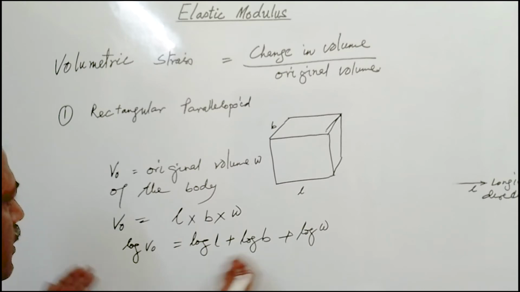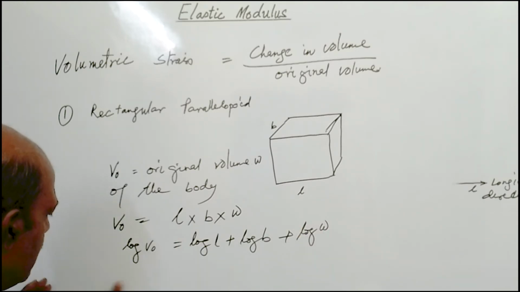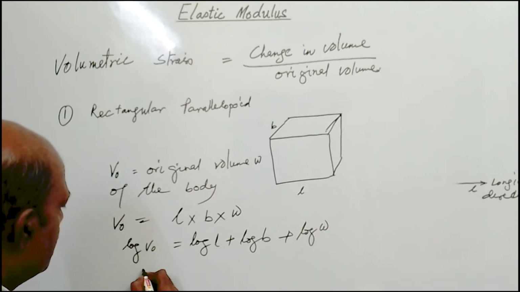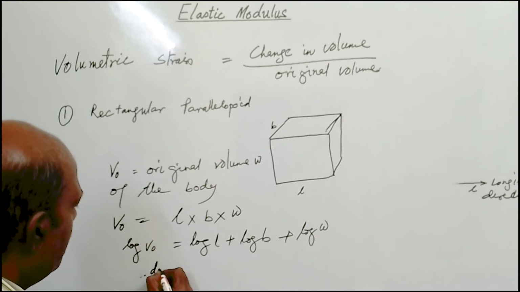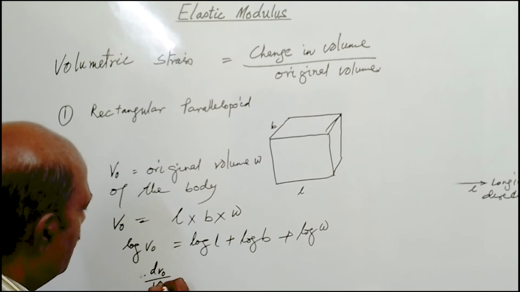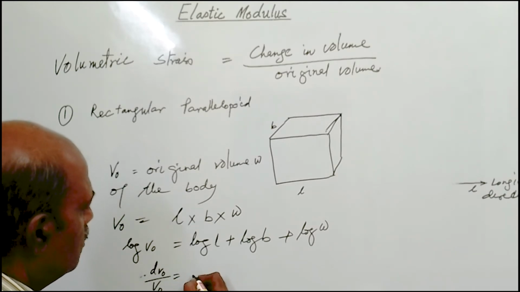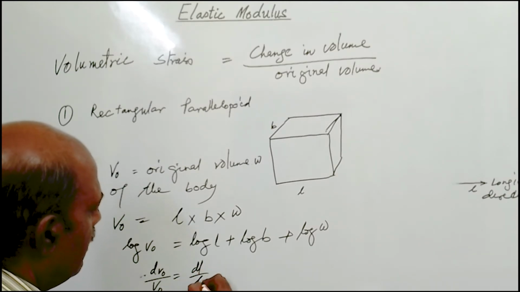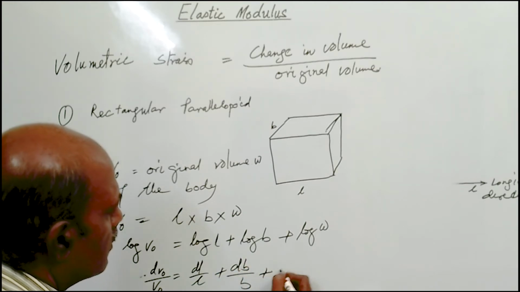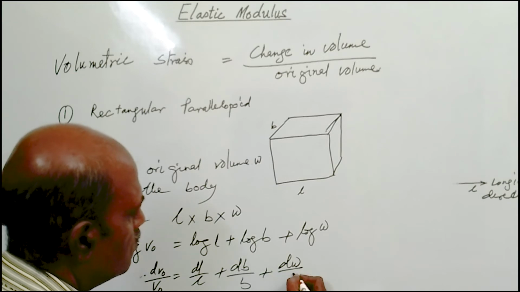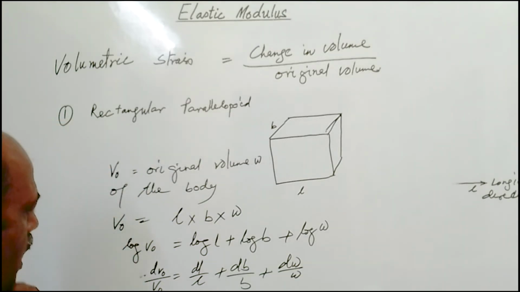Now, differentiating this, we can write dV0 by V0 is equal to dL by L plus dB by B plus dW by W. This is known as the volumetric strain.